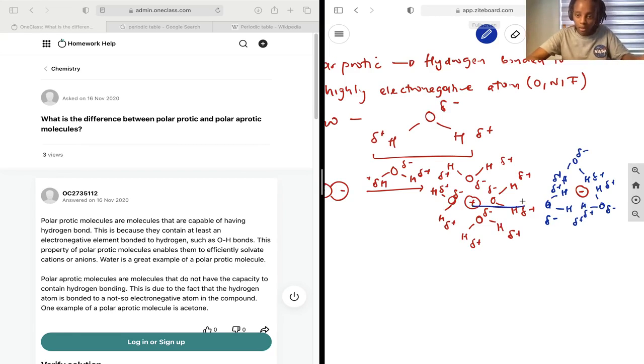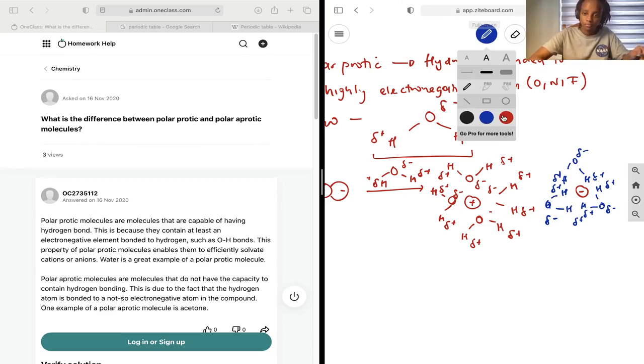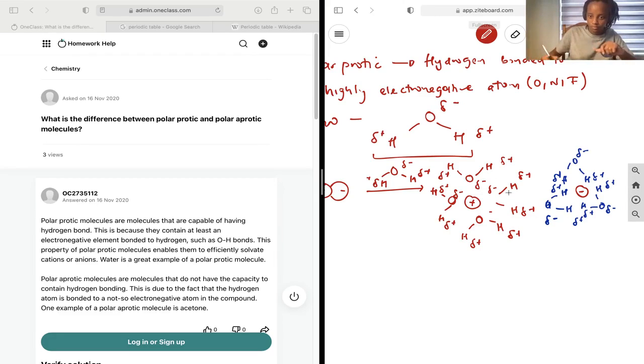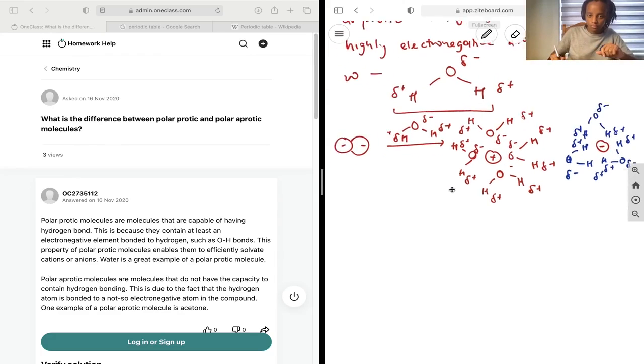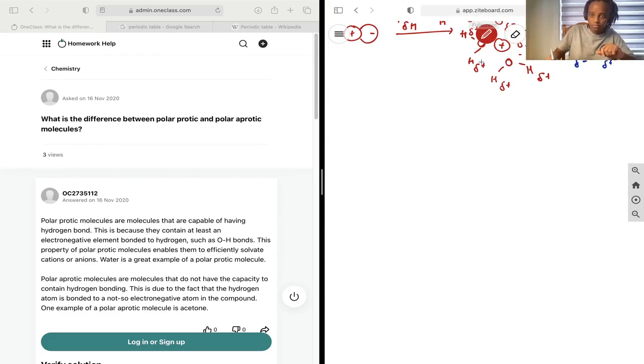Now, polar aprotic is still polar, so hydrogen is still attached to an atom that is more electronegative than it, but not as highly electronegative as oxygen, nitrogen, and fluorine.